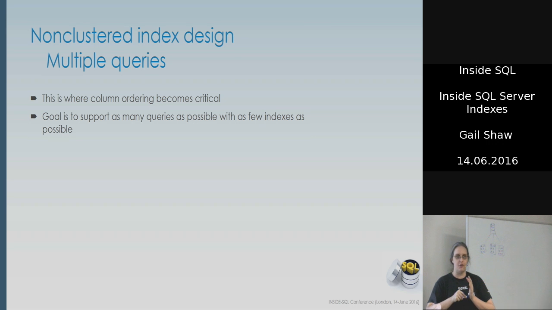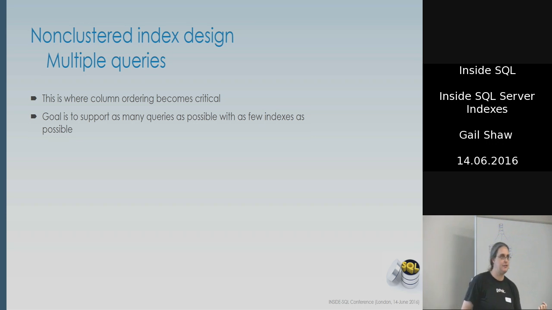It is entirely possible, if you try hard enough, to overflow the uniqueifier. You've got to try really hard, because you need either 2.1 billion duplicate values in a clustered index of the same value, or you need to have deleted and inserted a total of 2.1 billion rows with the same clustered index value. But it is entirely possible.